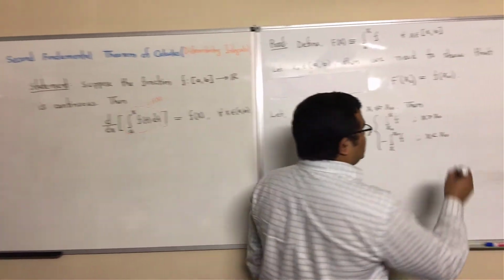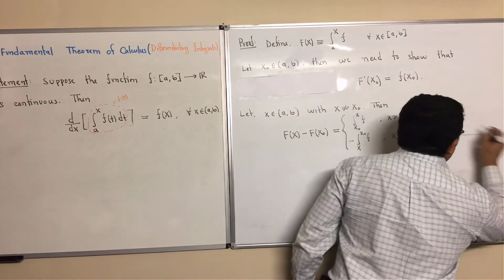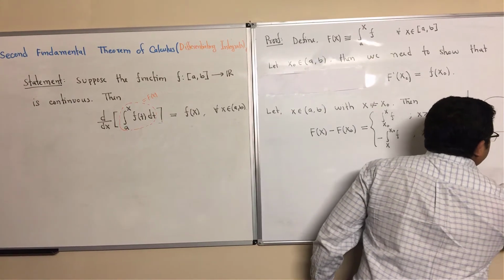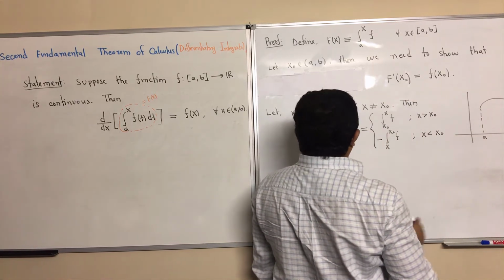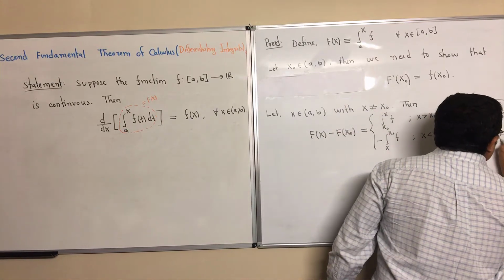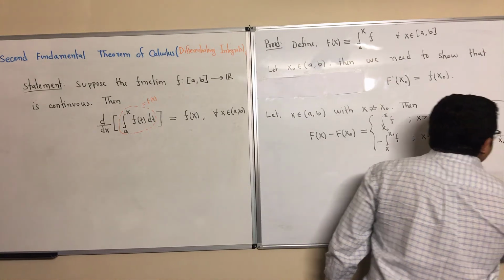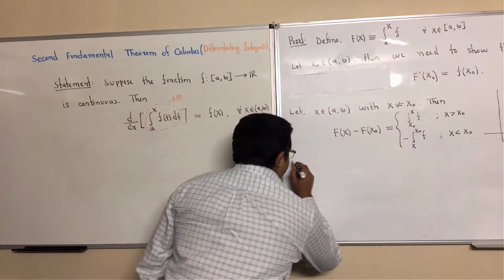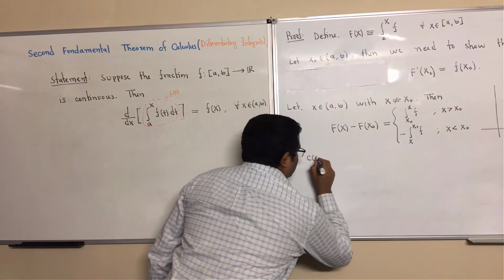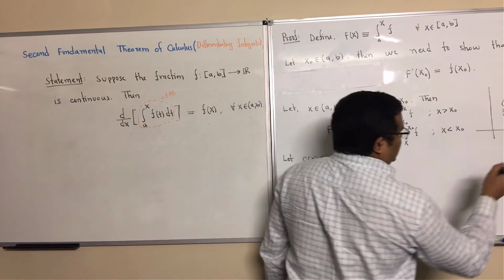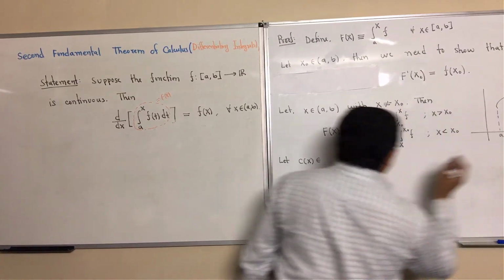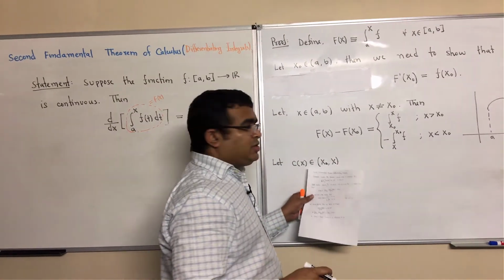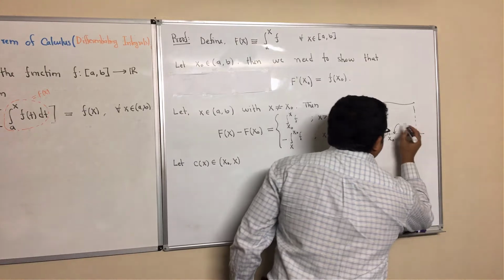So for the function f, this is a, this is b, and we consider two points: one is x0 and one is x here. Now consider any point, let c(x) be in the interval between x0 and x. So we consider a point c(x) in this interval.